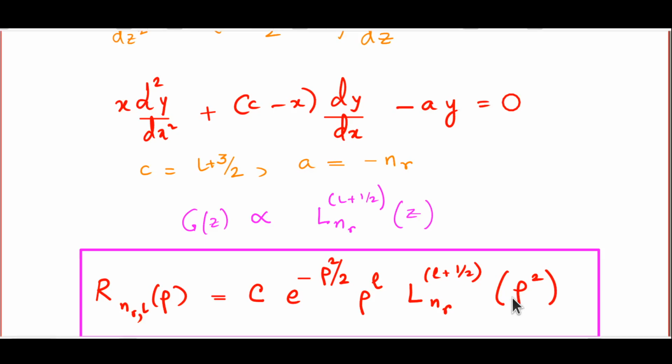Now the Laguerre polynomial actually happens to be very, very important for us because we meet it here for the three-dimensional harmonic oscillator, but also because we are going to meet it again for a solution to the Kepler problem, or as it is usually known, the hydrogen atom problem.